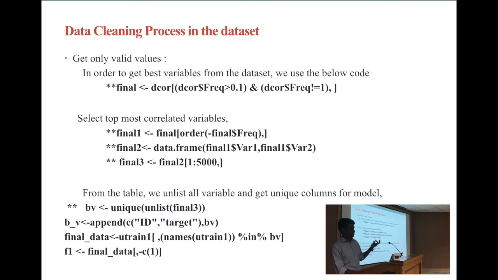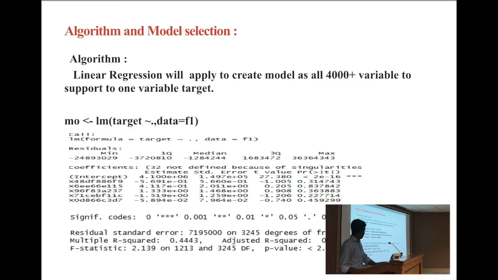For example, I have only 500 variables while the train data set has around 4,900, so I choose only those 500 variables and their corresponding values. Once I have the data set with 500 variables, ID and target, I have the data set F1, where I just drop the ID to find out the predict model. They already gave all the variables and the corresponding target value.